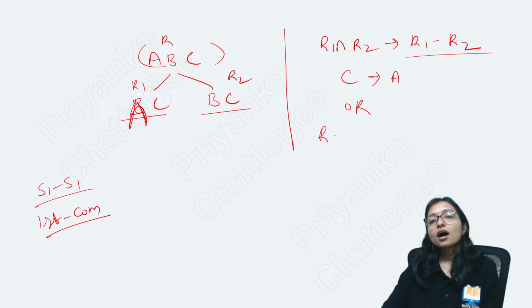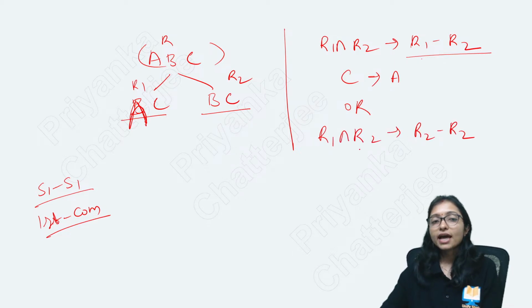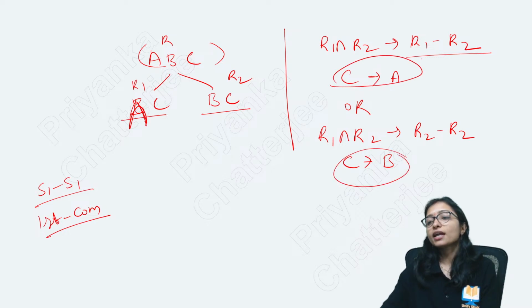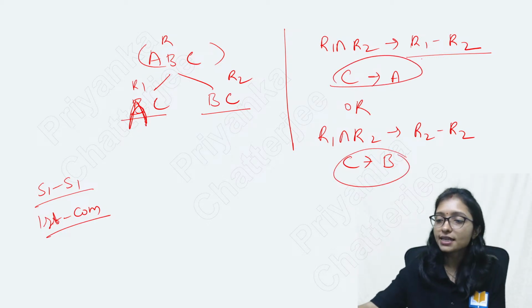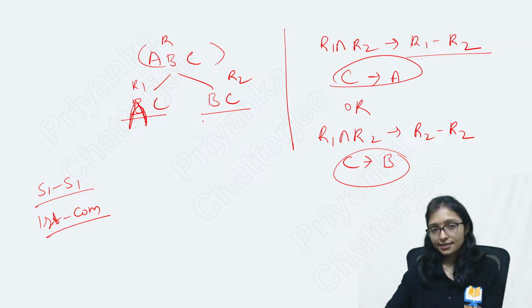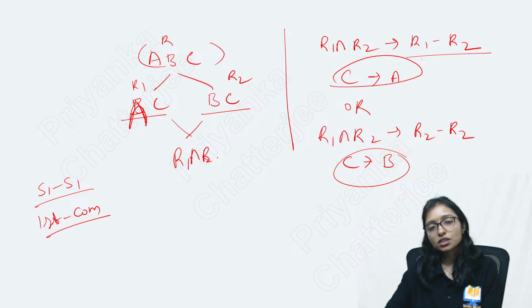Or R1 intersection R2 implies R2 minus R1. That means here it is happening C implies B. So either this or this, if any of the functionality is present, then it is called lossless. Means the common person is there between them, R1 intersection R2, this is the common person.